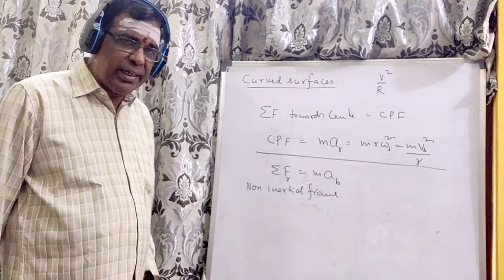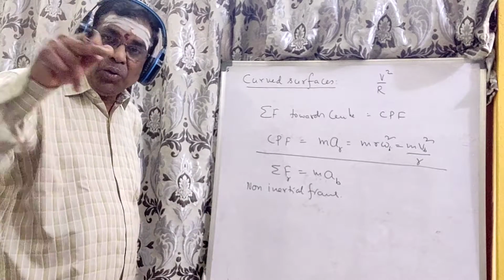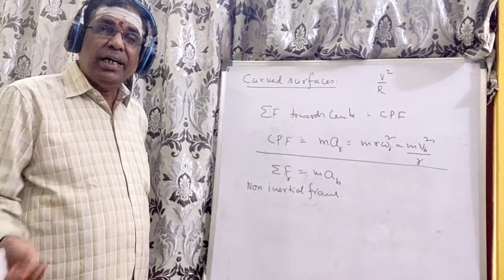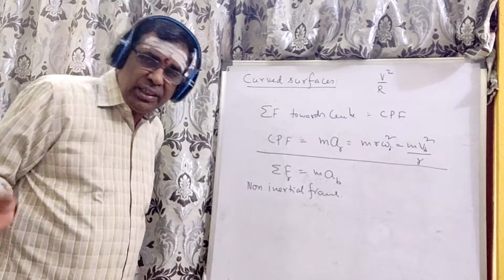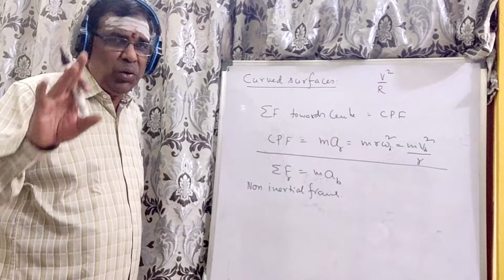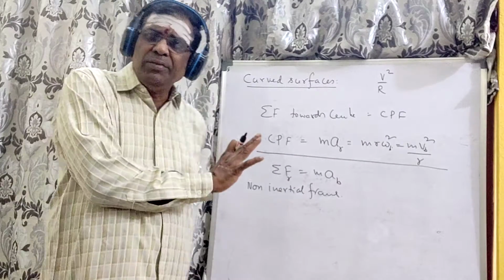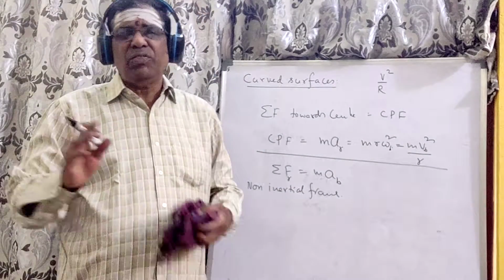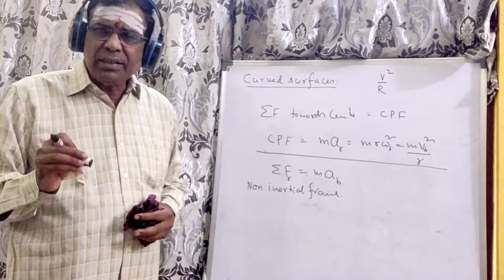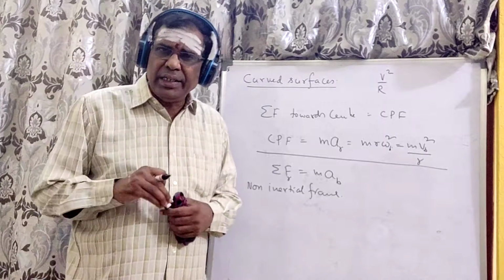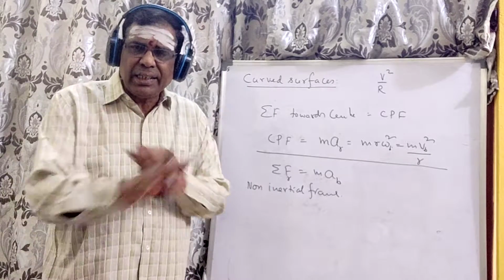When you take a non-inertial frame, I told you to introduce an imaginary force, an inertial force, a fictitious force. I told you it is only a way to work out the problem. It is not necessary for you to do that. You can still work out the problem. But the technique also, I am telling you, is only a technique and nothing else.